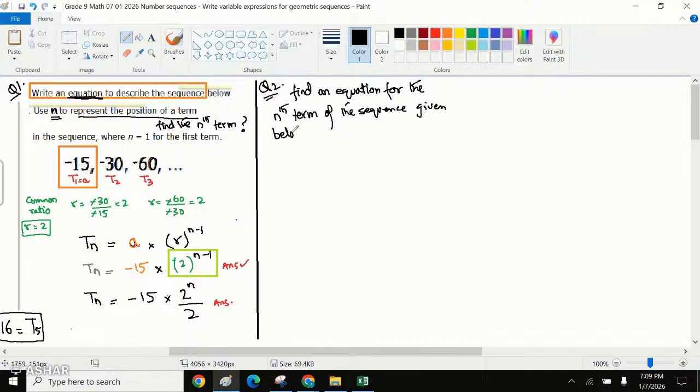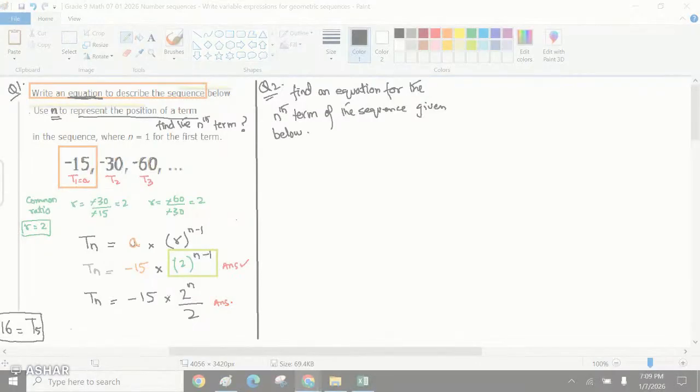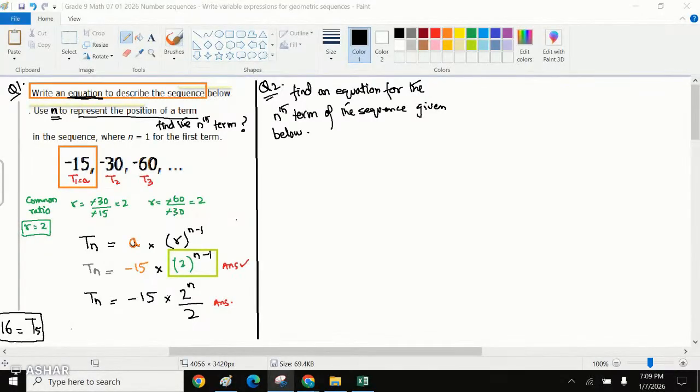I'll just copy the sequence, and the sequence given was minus 2. This is the sequence that is given to us.